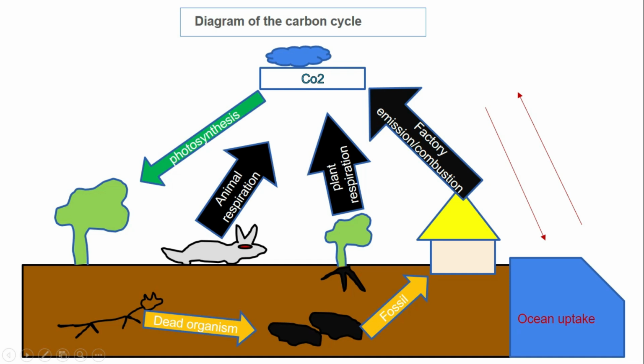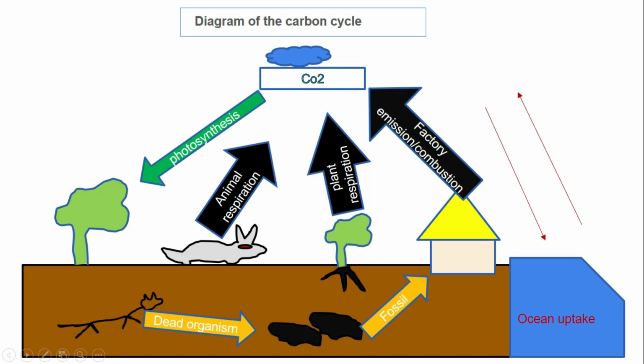These fossils are extracted by us, human beings, and then used to make petroleum, coal, gas, oil, and all of those chemicals that we use today. When they are burnt in the car engine or in the home or wherever, carbon is given off. All right, ocean uptake. We have plants in the ocean, we have animals, so the same processes will take place here.